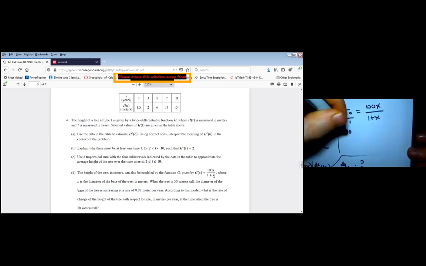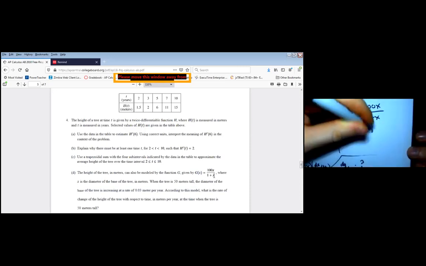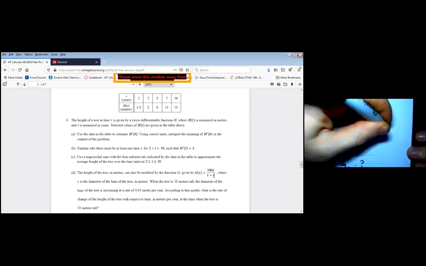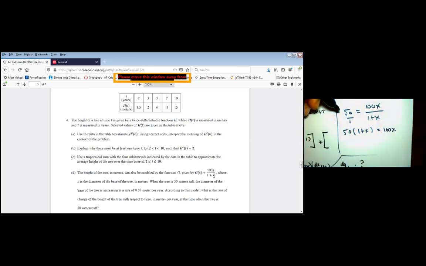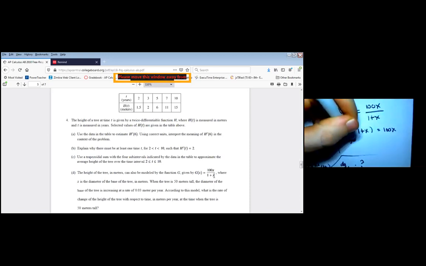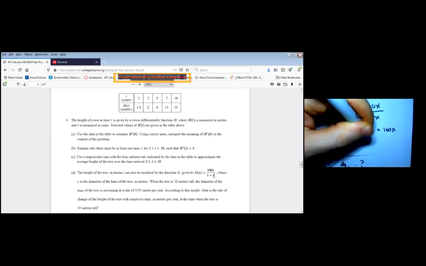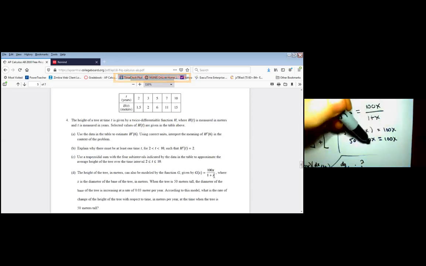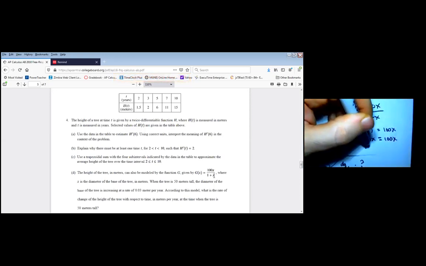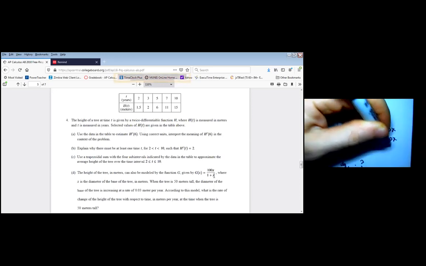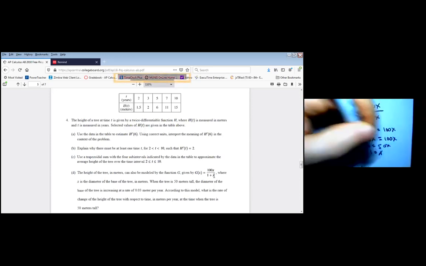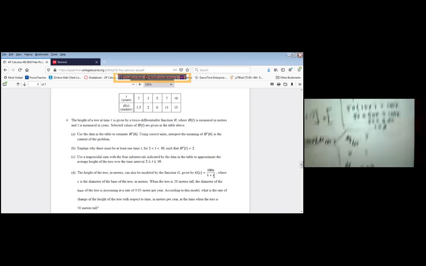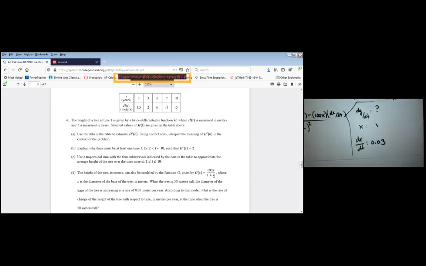So that's 50 times 1 plus x is equal to 100x. Distribute: 50 plus 50x is equal to 100x. Subtract 50x: 50 equals 50x. x is equal to 1. Okay, you're home free, guys.